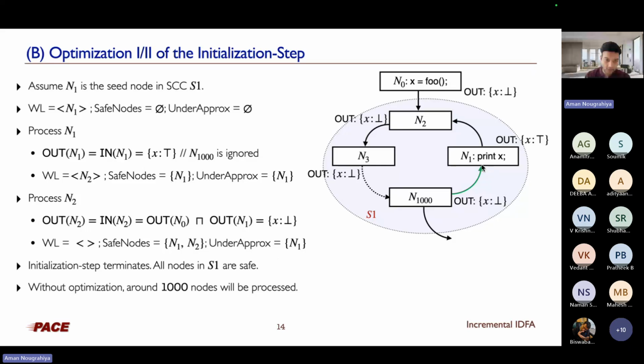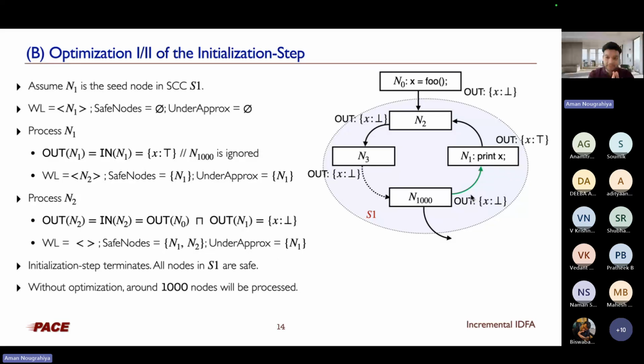Okay. Under-approximation means that I said I'm going to ignore one of my predecessors, like N1000. But that means I'm ignoring one of the potential paths that can actually be taken at runtime. As a result, what I have right now is not the complete information. The word under-approximation here means that it is some incomplete information.